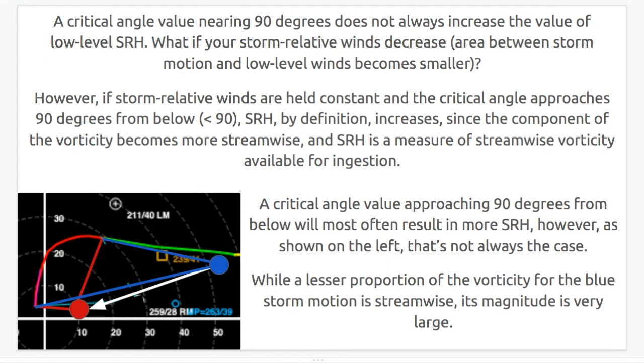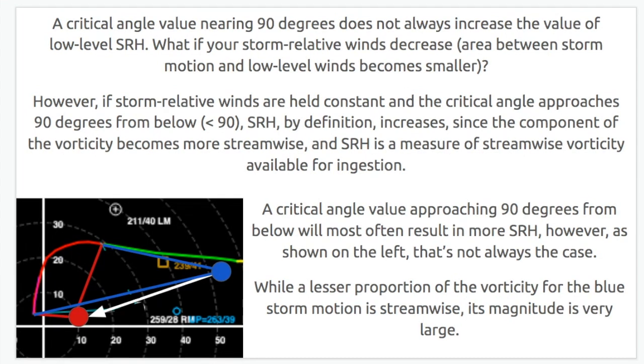While a lesser proportion of the vorticity for the blue storm motion is streamwise, its magnitude is very large and compensates for this lower critical angle and a lower proportion of streamwise vorticity in the low levels. This means that the smaller proportion of streamwise vorticity available for ingestion by a storm moving with the blue storm motion has a larger magnitude that compensates for the larger amount of streamwise vorticity of lesser magnitude that's available for ingestion by the red storm motion.